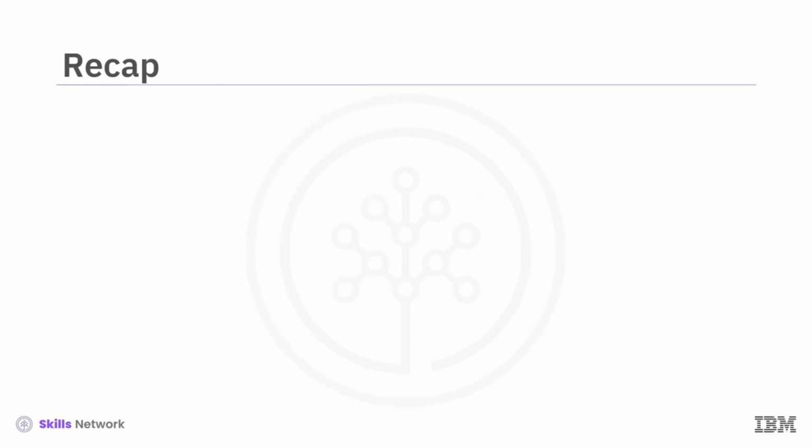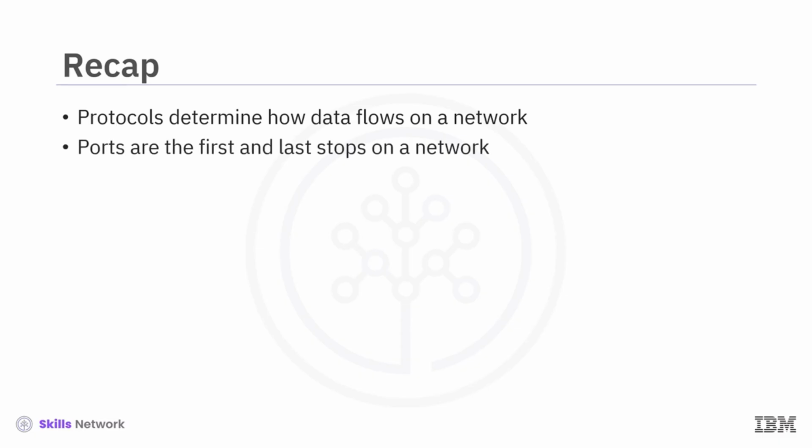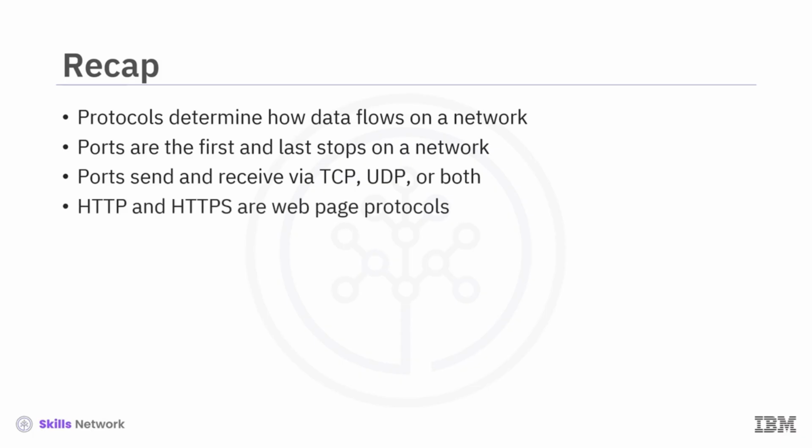In this video, you learn that protocols determine how data flows on a network. Ports are the first and last stops on a network. Ports send and receive via TCP, UDP, or both. HTTP and HTTPS are web page protocols. FTP and SFTP are file transfer protocols.